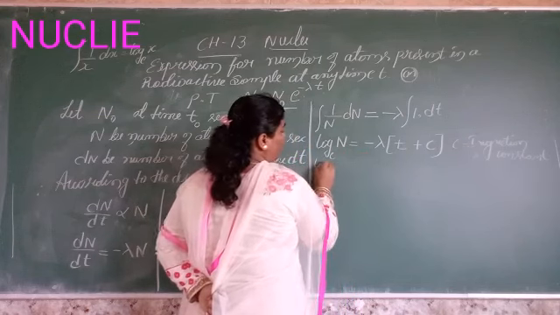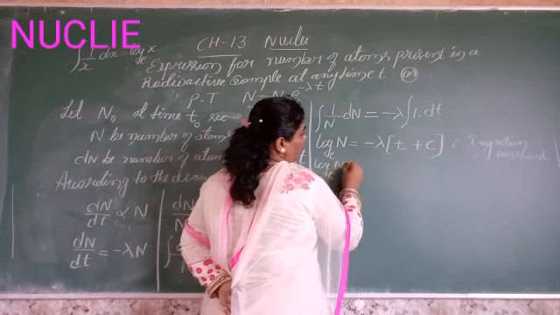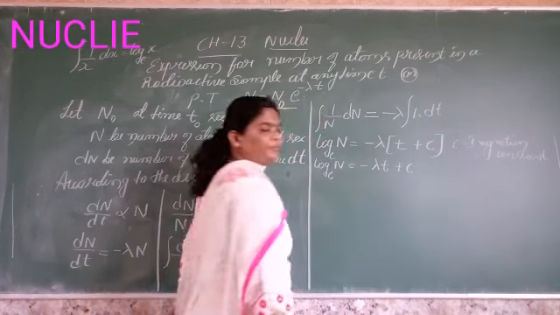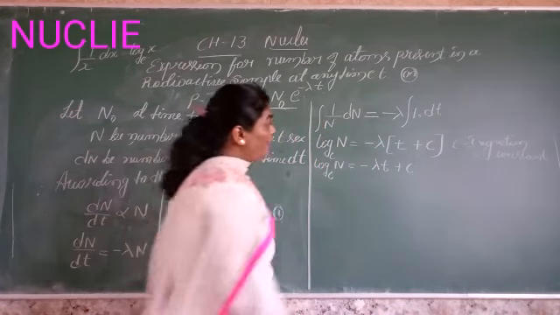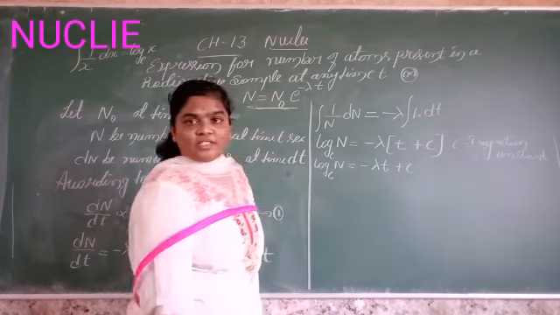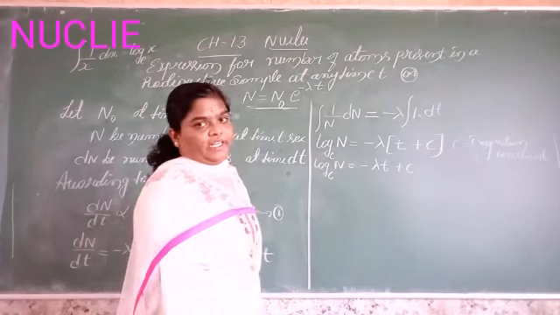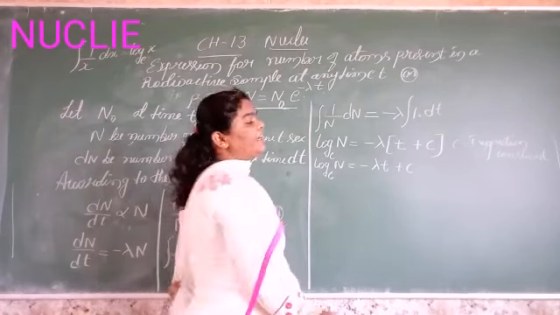So then log base e n is equal to minus lambda t plus c. Equation 2. In order to evaluate the integration constant c, put the initial conditions.